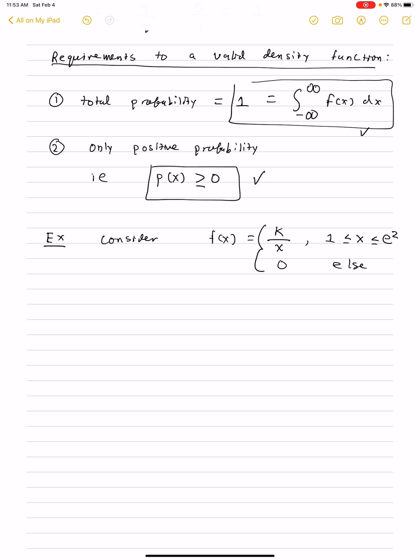So my first question is to determine the value of k that makes f of x a valid density function.